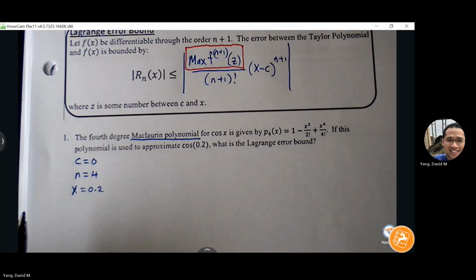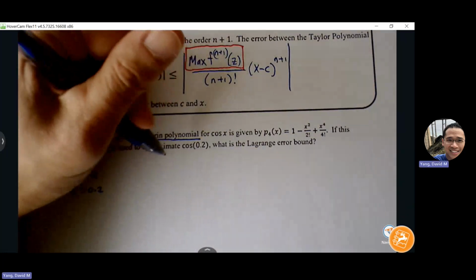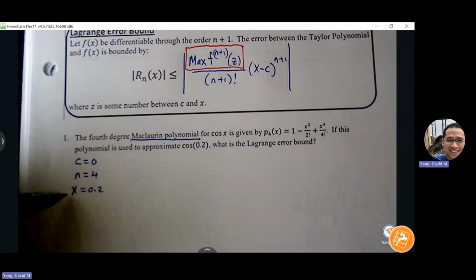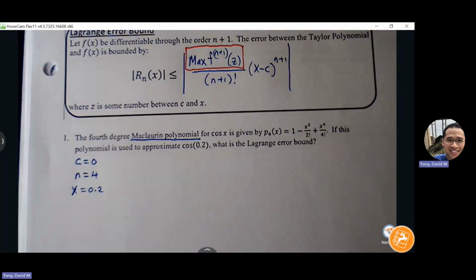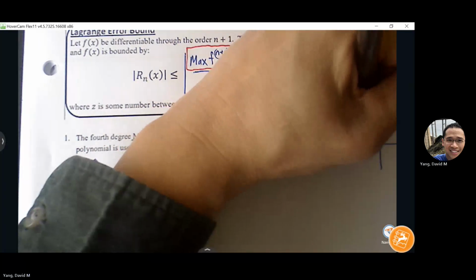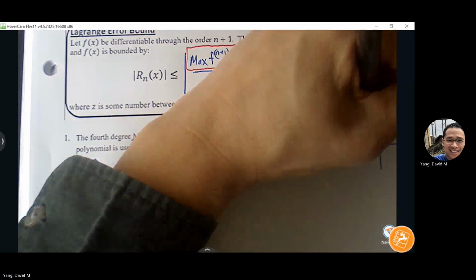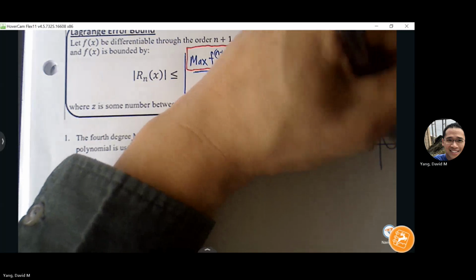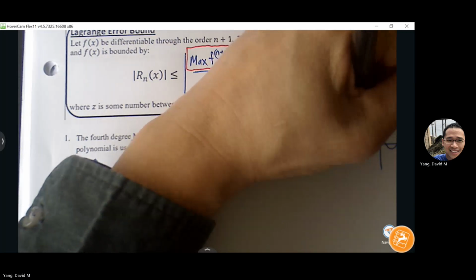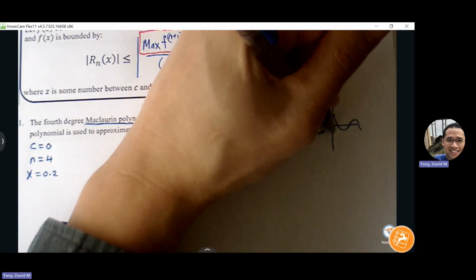So we know that we want to find a safe upper bound between cosine of 0 and cosine of 0.2. But there's something nice about cosine, is that if we look at a cosine graph like this, what's the largest value that a cosine can hit?